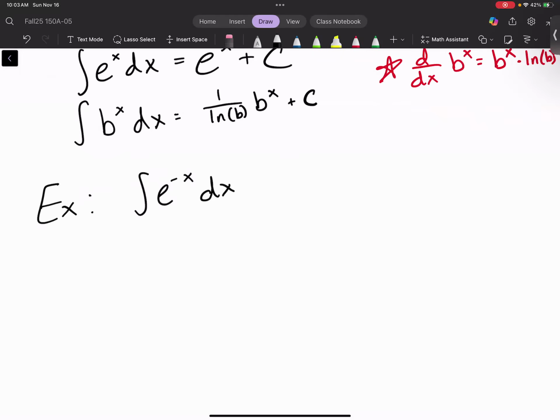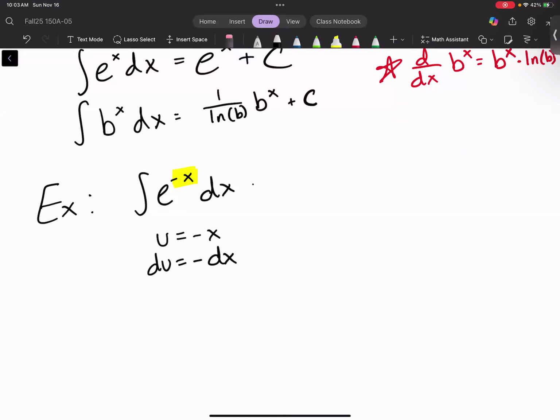Okay. Well, if you watched my last couple minutes in 5.5, this would be a little quicker, but remember what I said about exponential functions? The exponent is the inside function. So if you wanted, you could do u equals negative x, du equals negative 1 times dx, so negative dx.